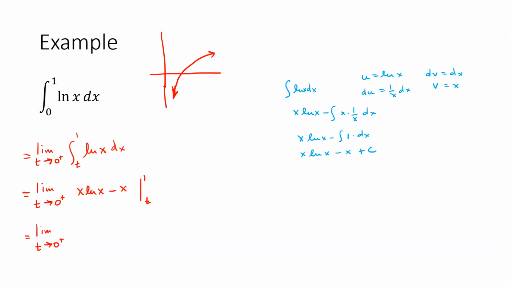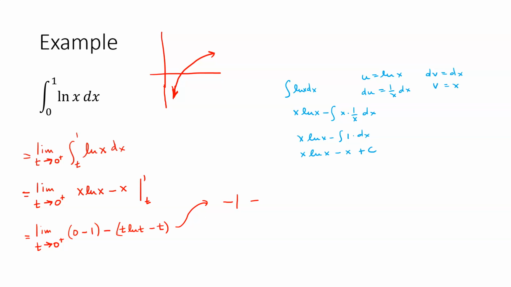So this will be 1 times ln of 1, which is 0, minus 1, minus, then evaluating it at t will be t ln of t minus t. Okay, so we can take the limit as t approaches 0 from the right. For this term it will just be negative 1, of course. And then, of course, for this term, it'll be 0.